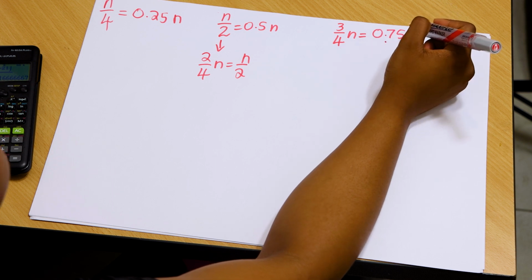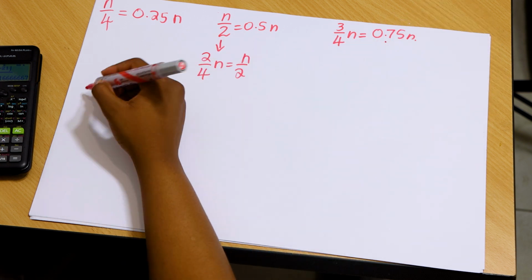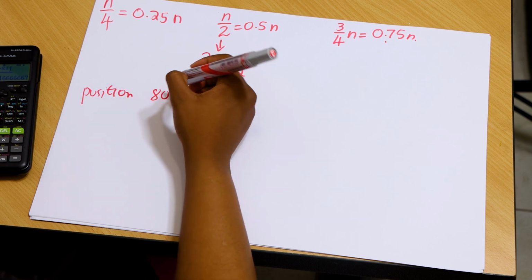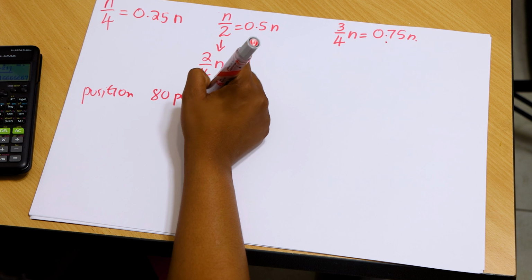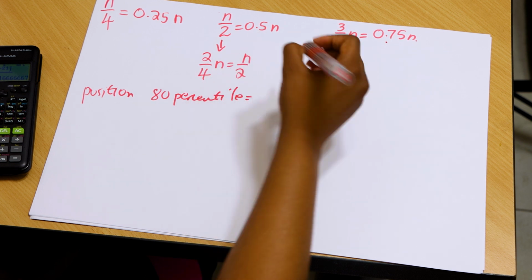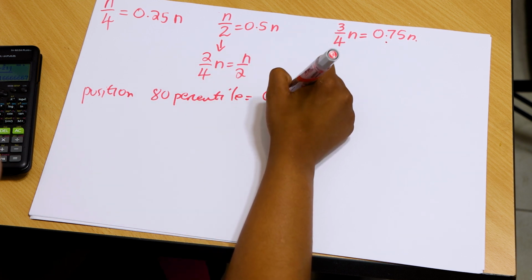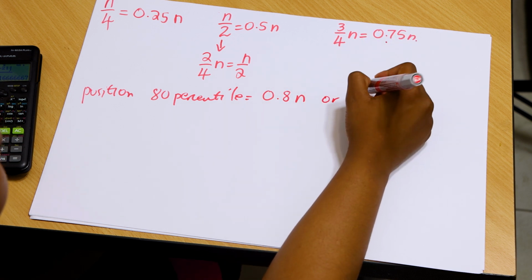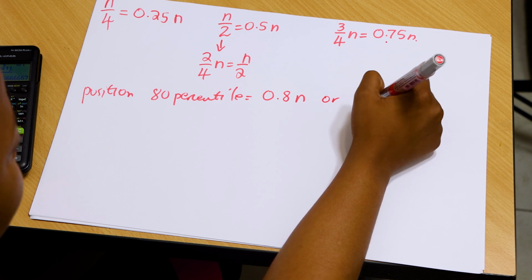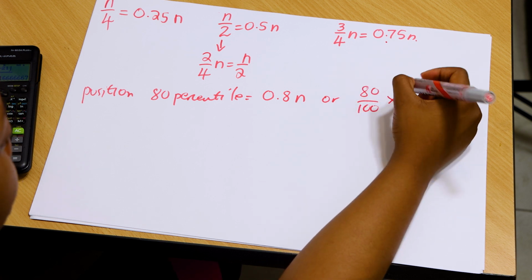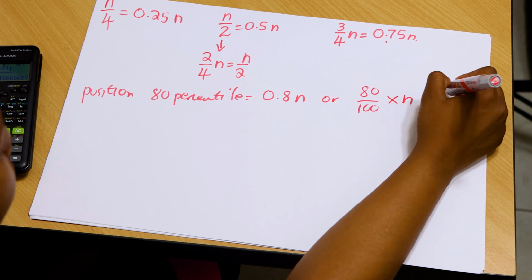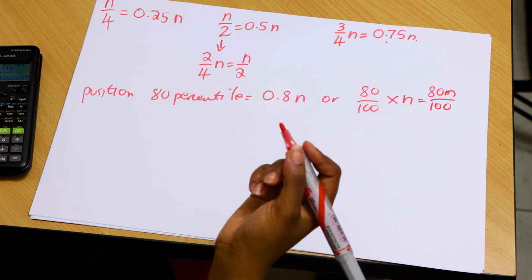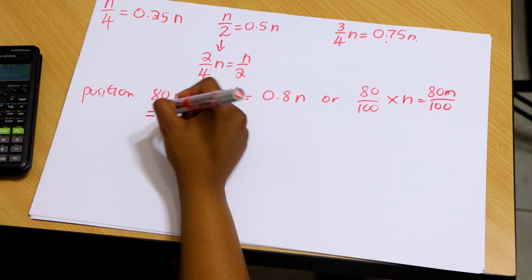It's the same thing because it's the 75th percentile. So now if you're looking for the 80th percentile, the position would be given by 0.8 times n, or 80 over 100 times n, which gives you 80n over 100. So that is how you find the position of the 80th percentile.